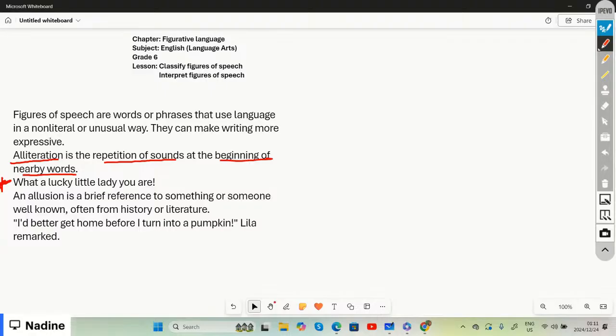All right, so that is alliteration. It is a repetition of sounds that is mainly at the beginning of nearby words.